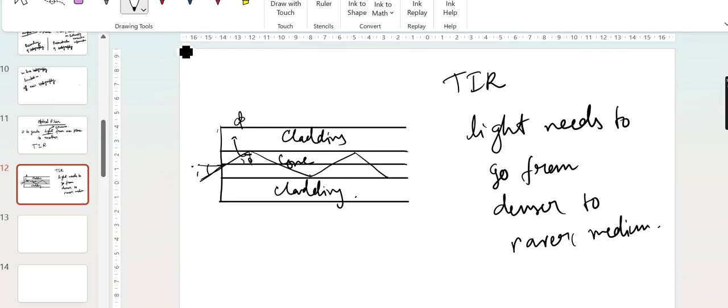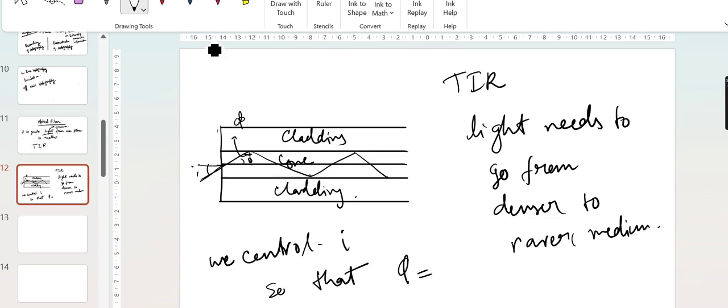So for that to be critical, we can basically control I, so that phi is basically critical.